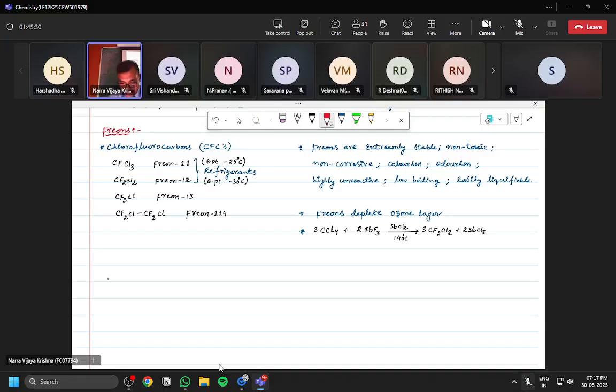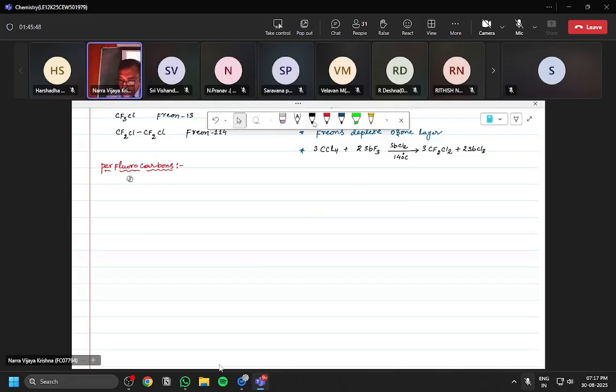Perfluorocarbons. If all the hydrogens of carbons are replaced by fluorines, we call it perfluorocarbons. Example: C7H16, 16 moles of F2 in the presence of vapor phase of nitrogen at around 300 degrees centigrade, cobalt fluoride as catalyst.